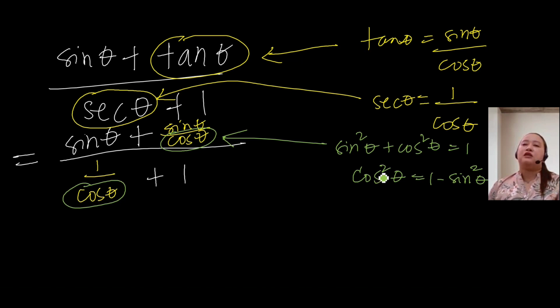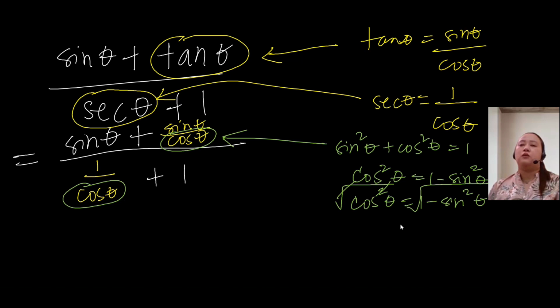Since we need cosine only, we have cosine squared theta equals 1 minus sine squared theta. So we can extract the square root. So we have cosine theta equals the square root of 1 minus sine squared theta.